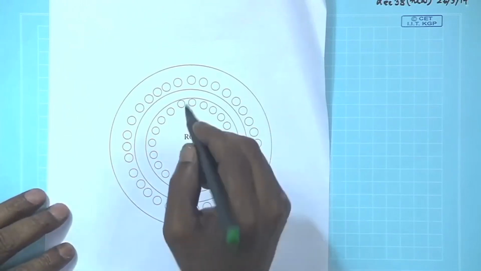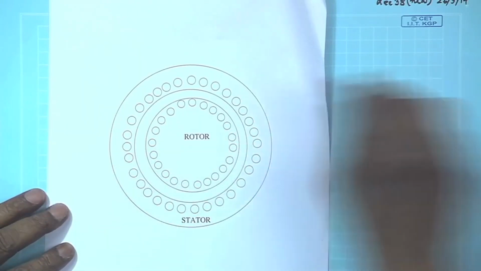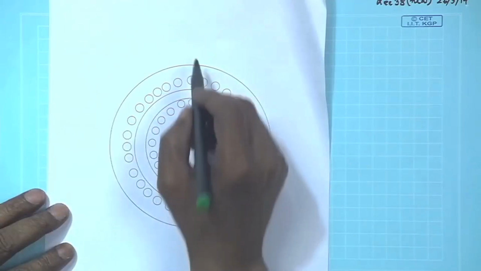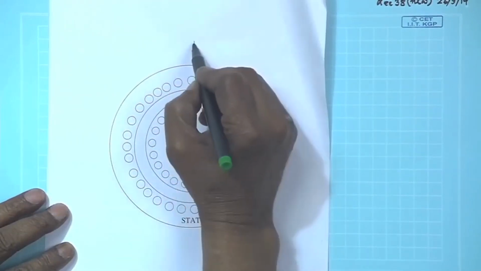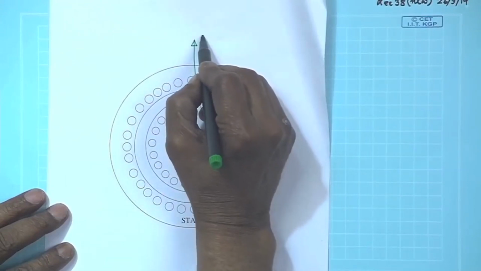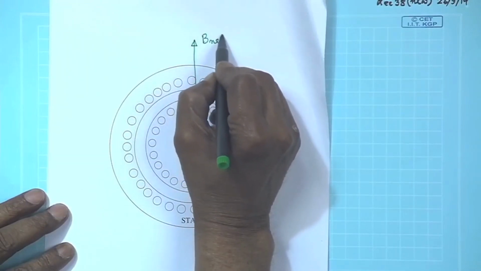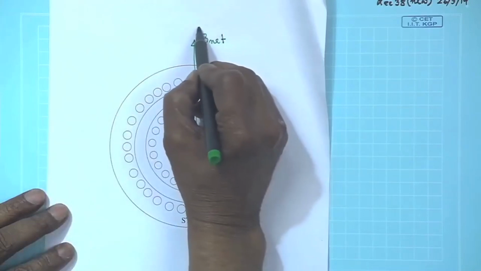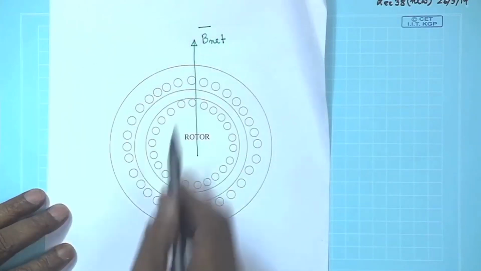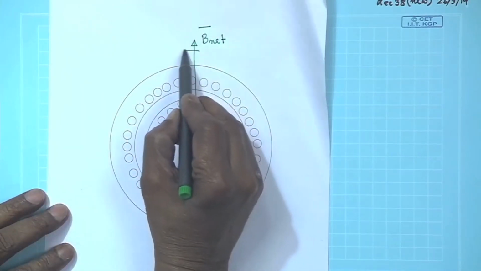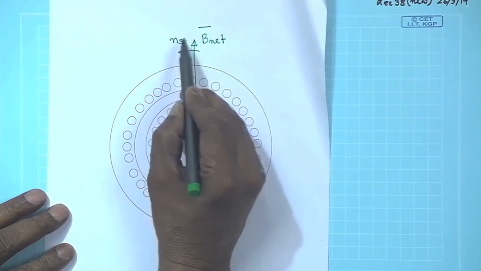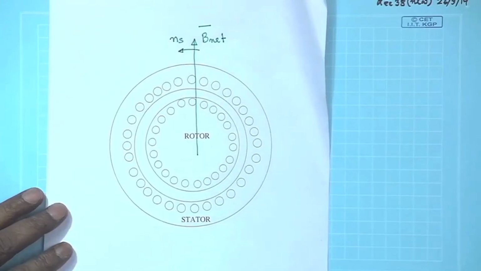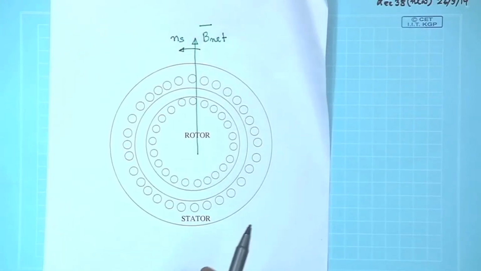Now, in case of the induction motor, suppose at any time the resultant field, the net field, is drawn like this. This is B net. Suppose this rotating field is moving in this direction with a speed n s or omega s in the anticlockwise direction.